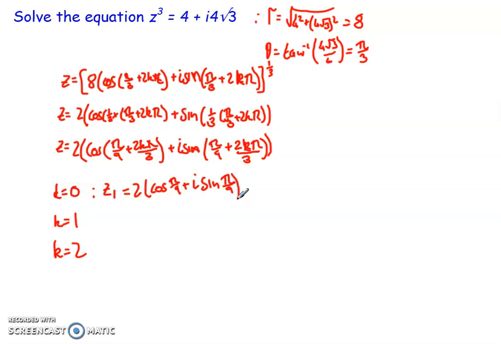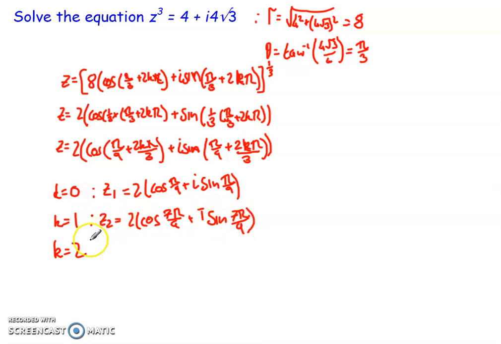If I substitute in k equal to 1, that's going to give me pi over 9 plus 2 pi over 3 in both of these brackets here. So it's going to give me my second solution. z2 is going to be equal to 2 bracket cos of 7 pi by 9 plus I sine 7 pi over 9.